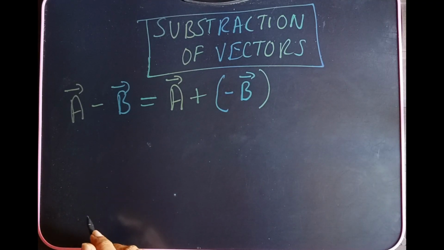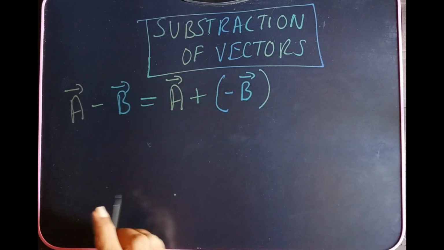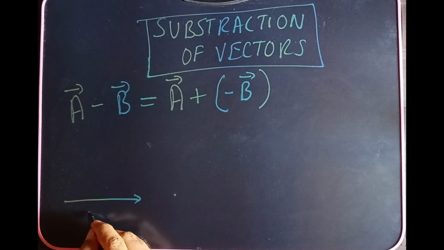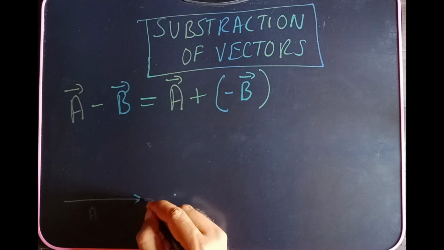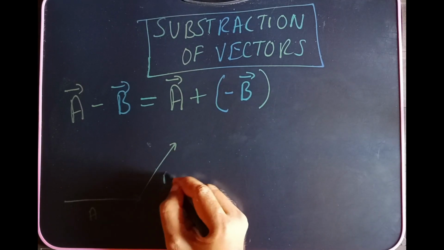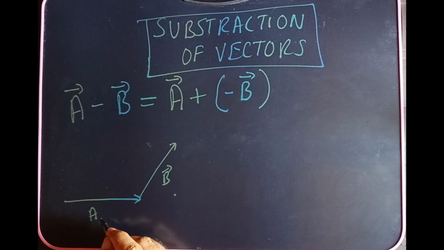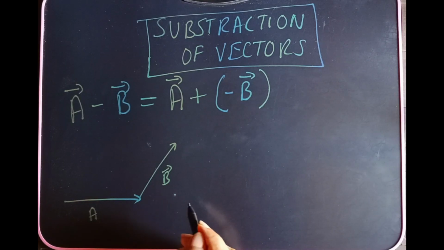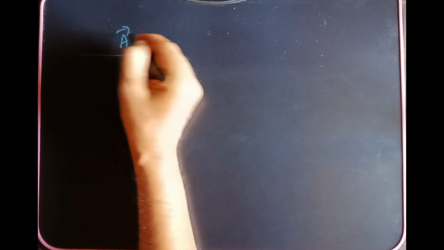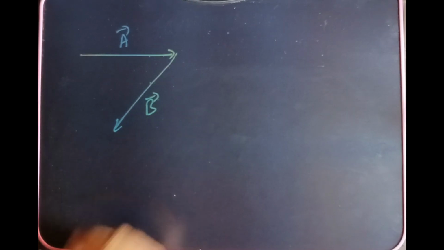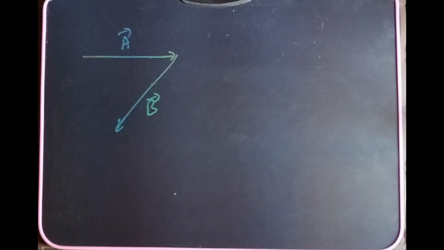Now if I have a case, I will take it here itself. This is vector A and this is vector B. Sorry, this case we have seen. We will see another case. I will clear this out. I have a vector A and I have a vector B this way. Right. So now what happens?